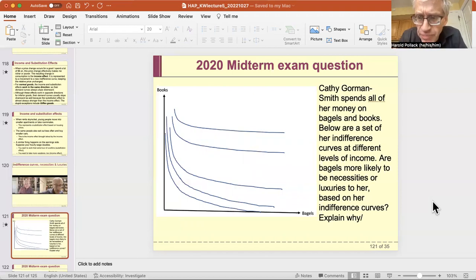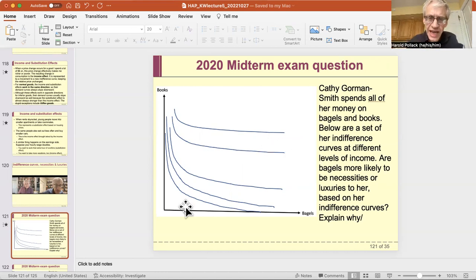So here we have books and bagels, and we've got the indifference curves that Professor Gorman Smith has at different curves as she moves away from the origin. Which of these is a necessity and which is a luxury for her? How do you think about that?